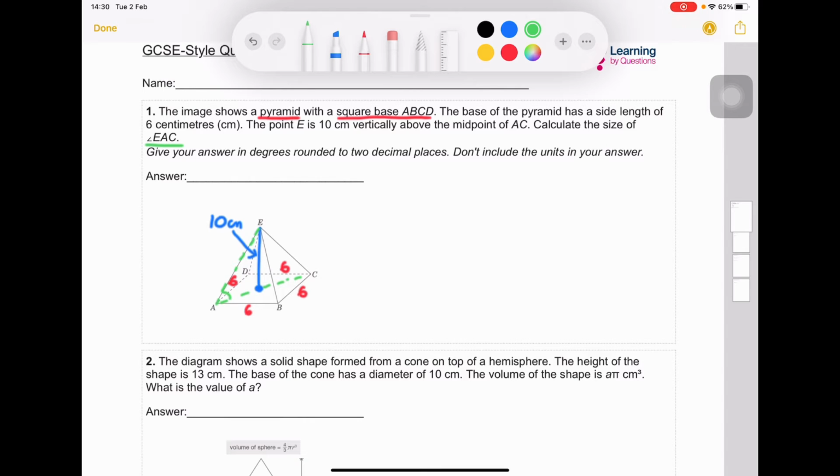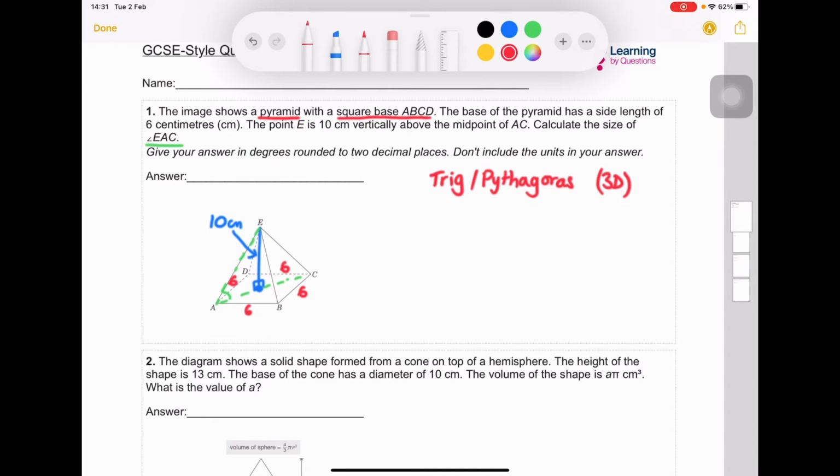Now we can see we have a few right angle triangles within this pyramid. So in terms of topic recognition, we're going to be using trig and Pythagoras. And it's a 3D shape, of course. So I'll write 3D in brackets.